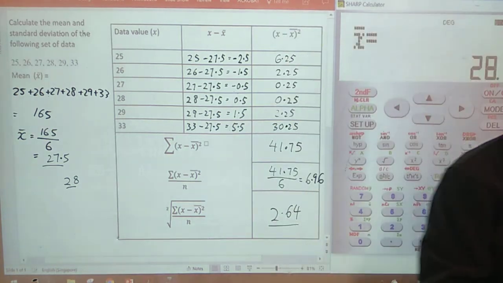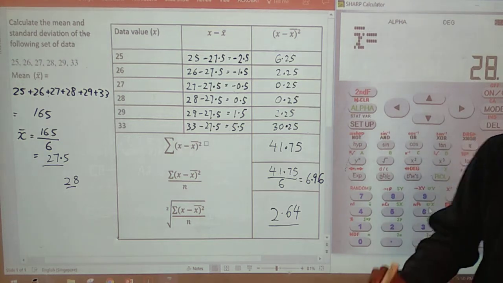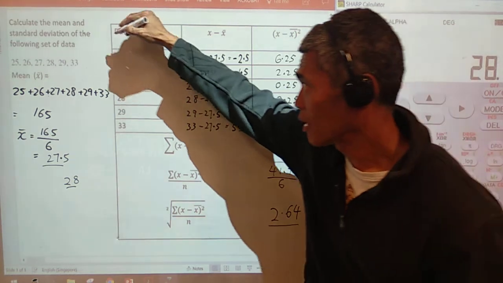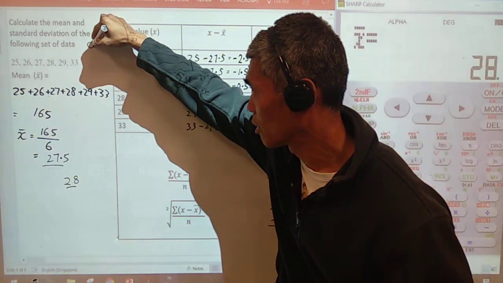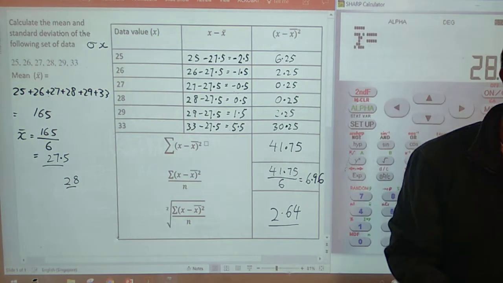All right. And then let's find out the standard deviation. And that would be pressing the alpha button and clicking on the standard deviation button, which has a symbol that looks like this. All right.